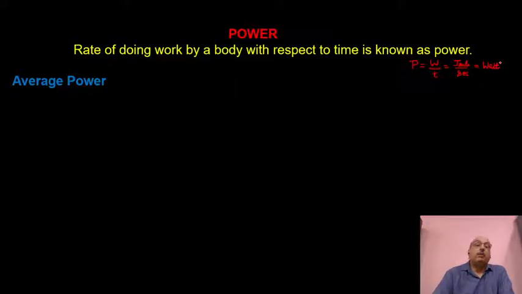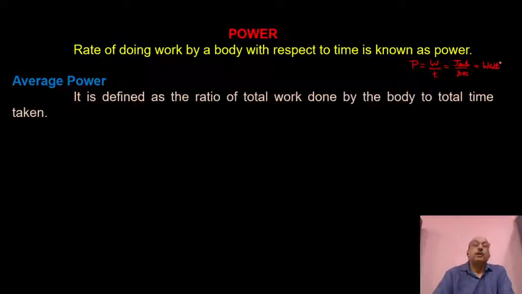The average power is defined as the ratio of total work done by the body to total time taken. So if the work done is different in different times, we will have to find the average power.